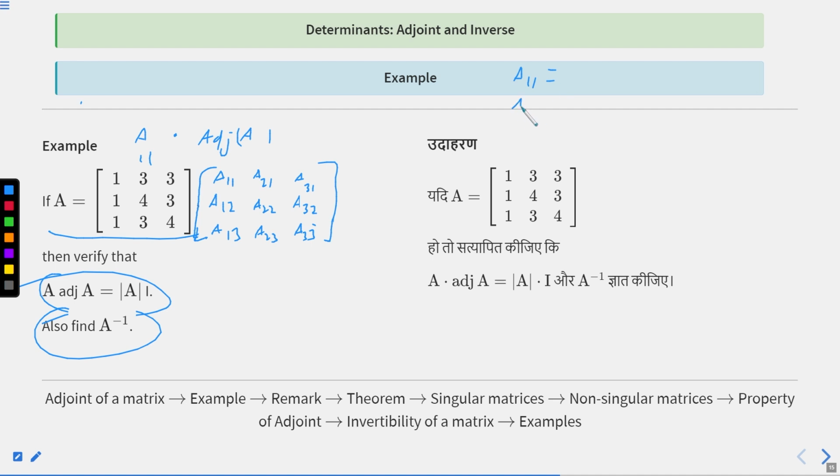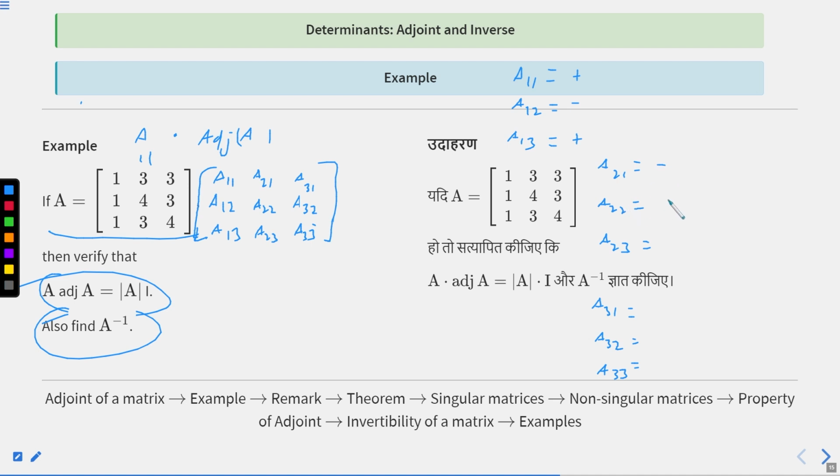So A11, A12, A13, A21, A22, A23, A31, A32, A33. First of all, the signs. Minus 1 power 2 means 1, so plus sign; when the sum is odd, minus sign; when even, plus.